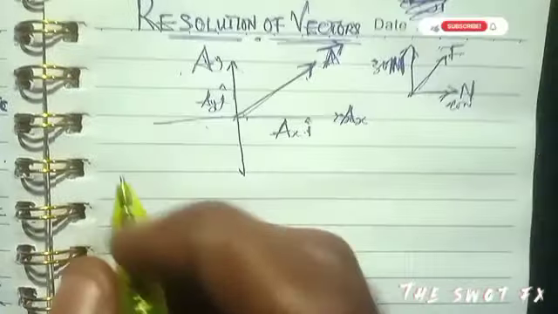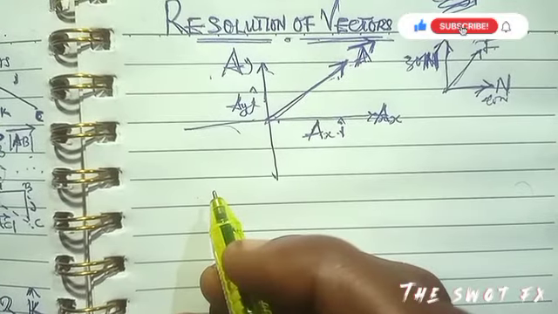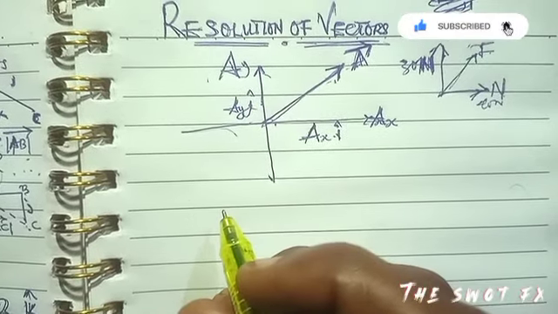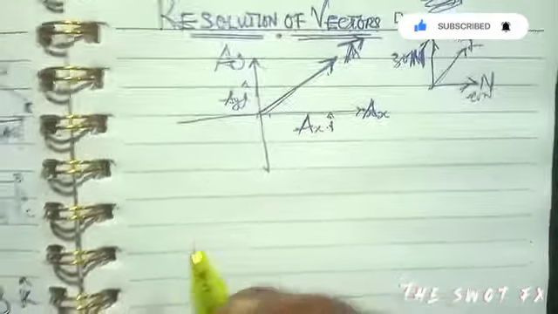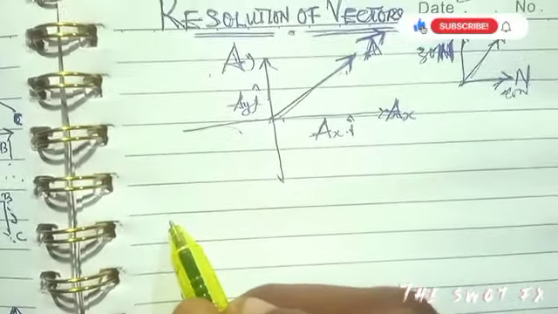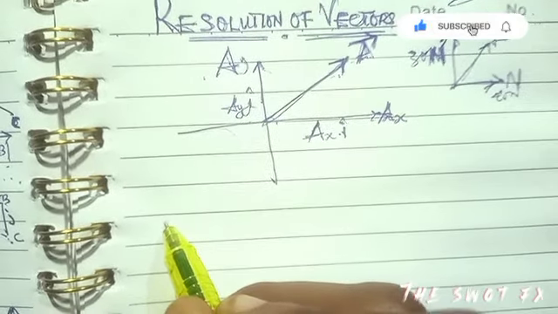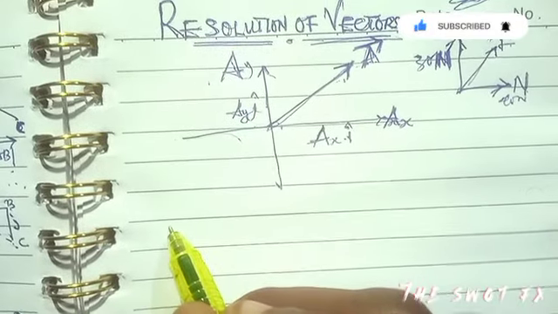Now let's go straight without wasting much of our time. Like I said, when we're talking about polar form and angular form, I explained the horizontal components and the vertical components. For resolution of vectors, we have a vertical and a horizontal component which will be resolved into a single component.